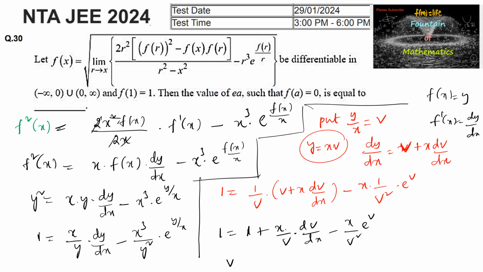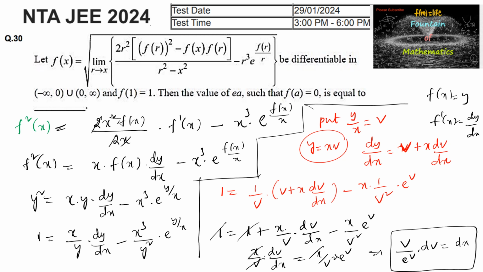Or we can simplify and write x upon v dy by dx is equal to x upon v square e to the power v, because 1 and 1 get cancelled, and here x also we can cancel, so we can rewrite this as v upon e to the power v dv is equal to dx.